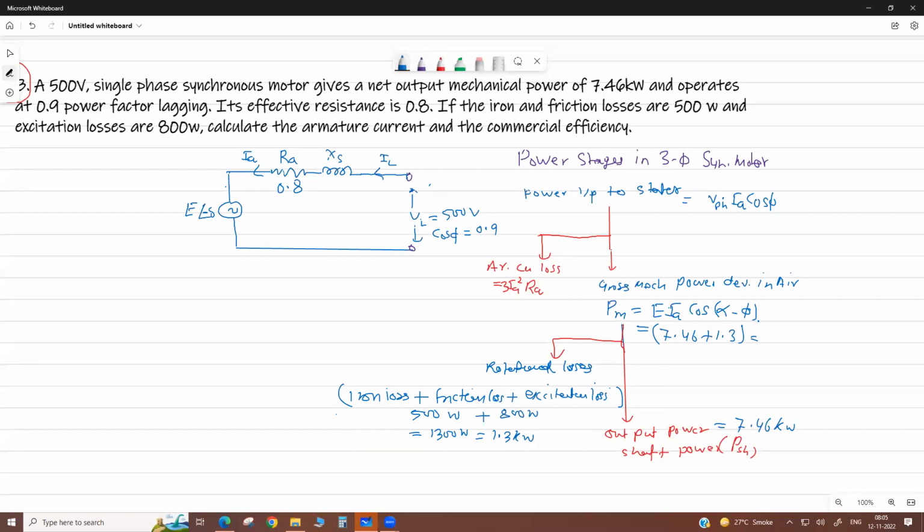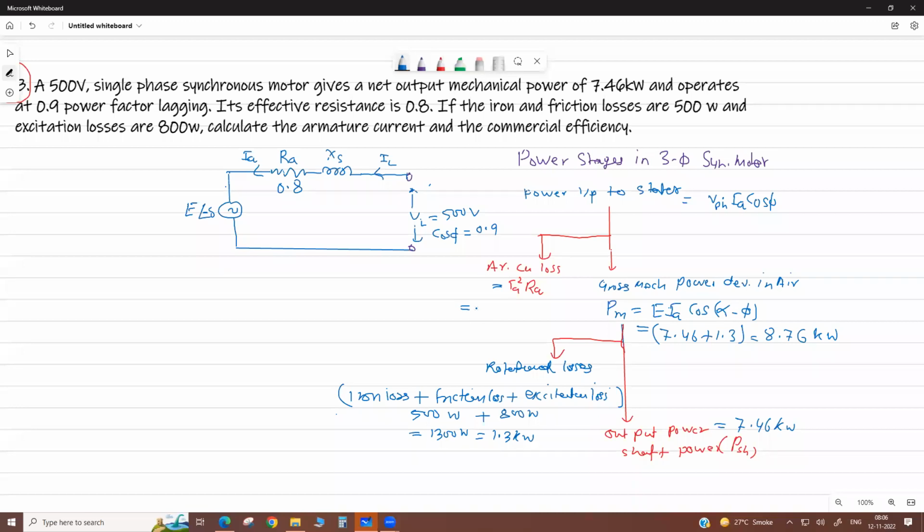What is the gross mechanical power? 8.76 kilowatt. Now this loss is given, and it is single phase only, so 3 will not come. So we can calculate this, my dear.